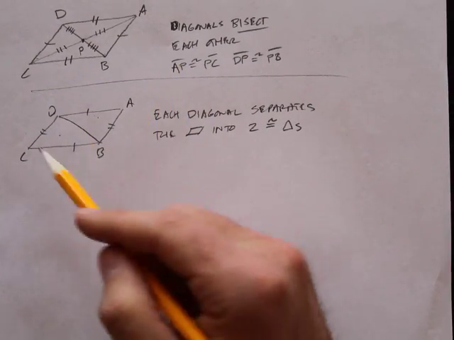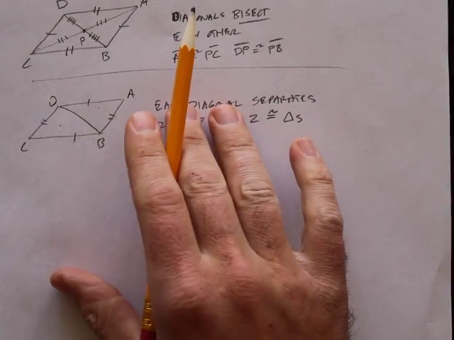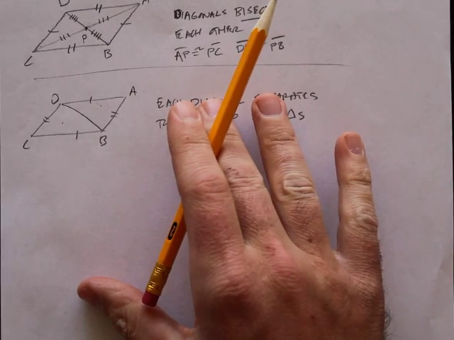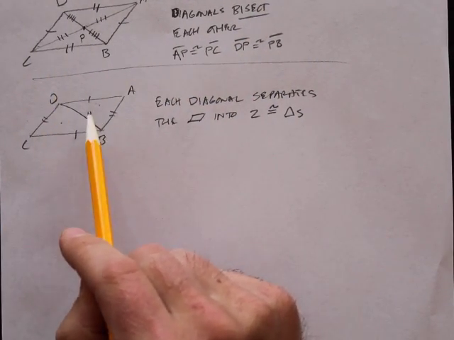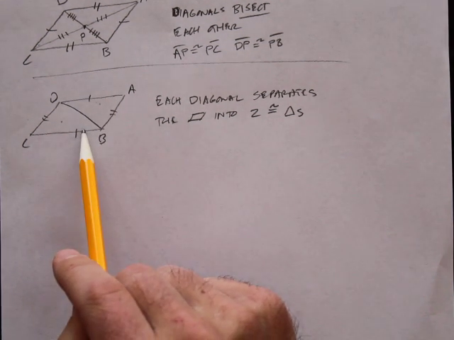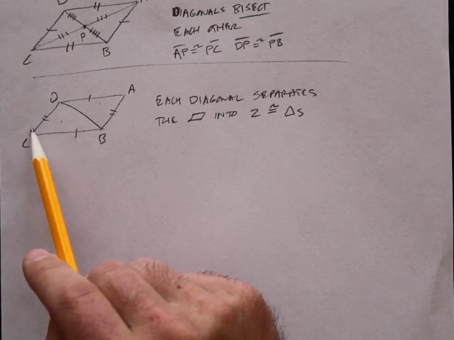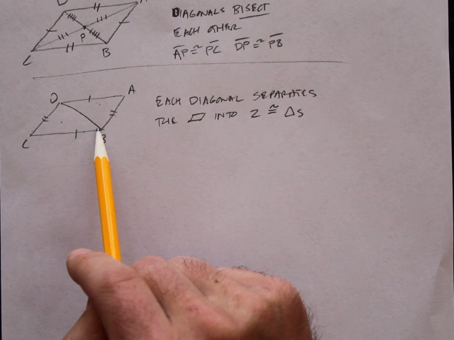Now, if we were in class, I would ask, can anybody tell me why I know that? What theorem or postulate can I use to prove these two are congruent? And then I would wait awkwardly until somebody raised their hand. But we don't have the opportunity here. You can see this side and this side are congruent, this side and this side are congruent, and DB is congruent to DB.